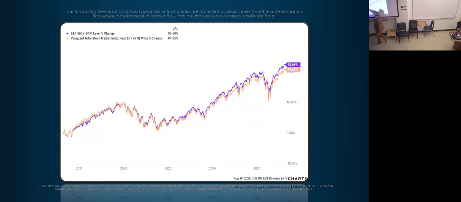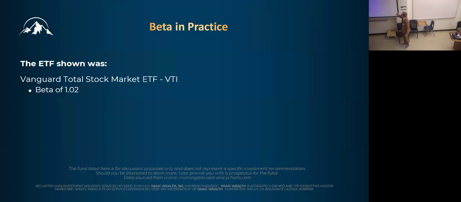So if it goes up further than the index sometimes and down further than the index sometimes, that means its risk is slightly higher, which means its beta is slightly higher. So even though it's very, very similar, there's a teeny tiny bit of extra risk. And for this particular example, that's because the ETF we're looking at, VTI, includes mid-size and small-size companies as well as the large ones in the S&P.